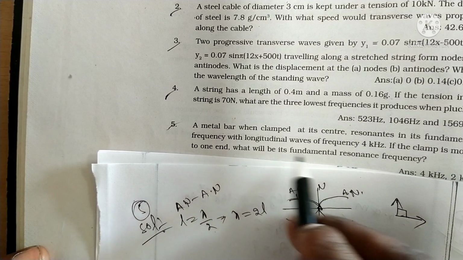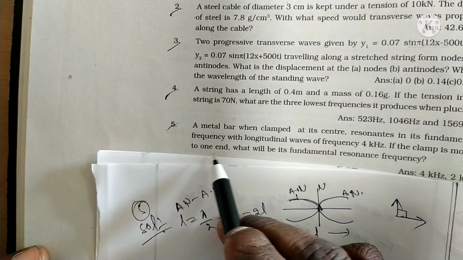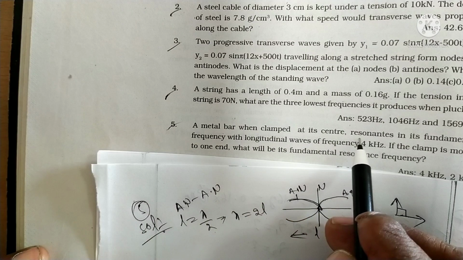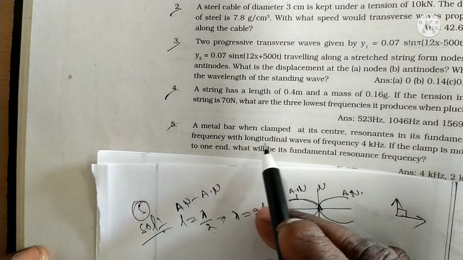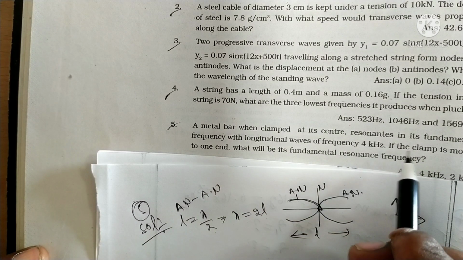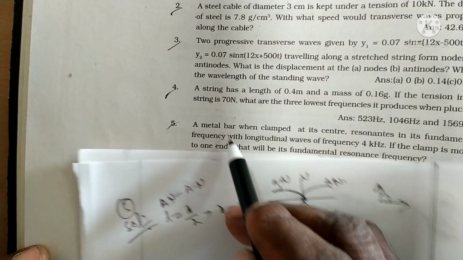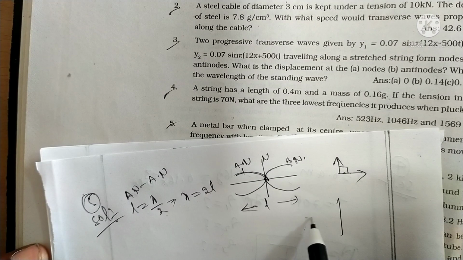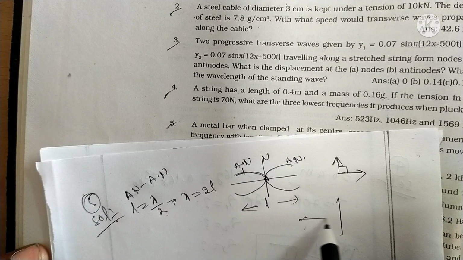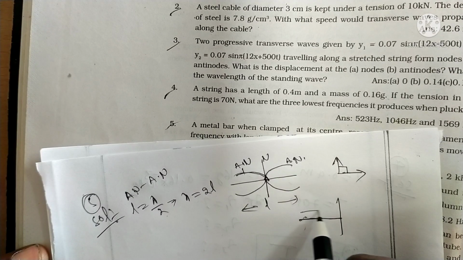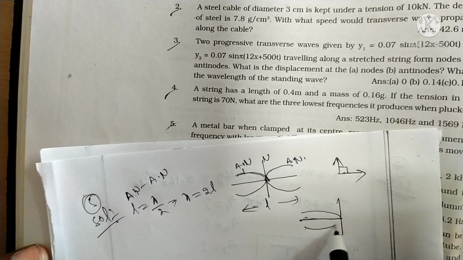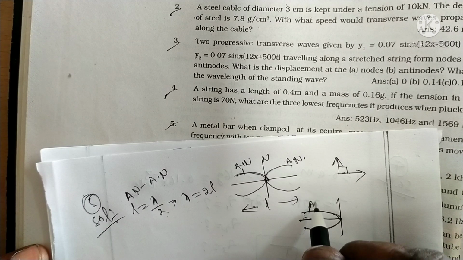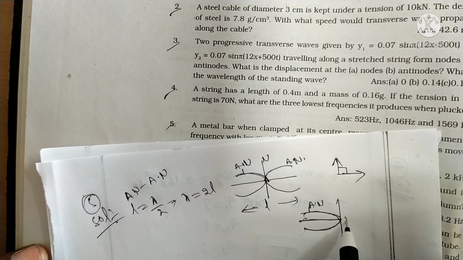And also, if the clamp is moved to one end, consider the resonance frequency of the longitudinal waves. If clamped at one end, at that end a wave can be generated with a node there and an antinode at the other end.